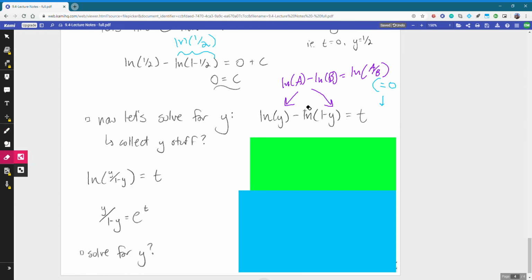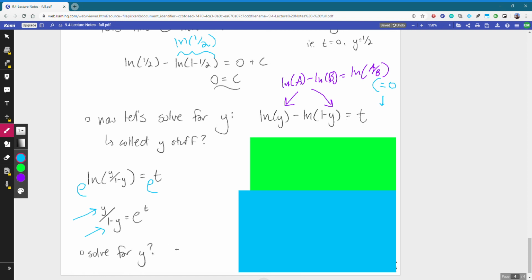Using that, we get to combine our left-hand side in terms of one natural log, and now to get rid of the natural log, we can just exponentiate both sides. And so we get what's here. Now our y stuff is together, but it's still kind of separated. We've got a y up top and a y at the bottom now.